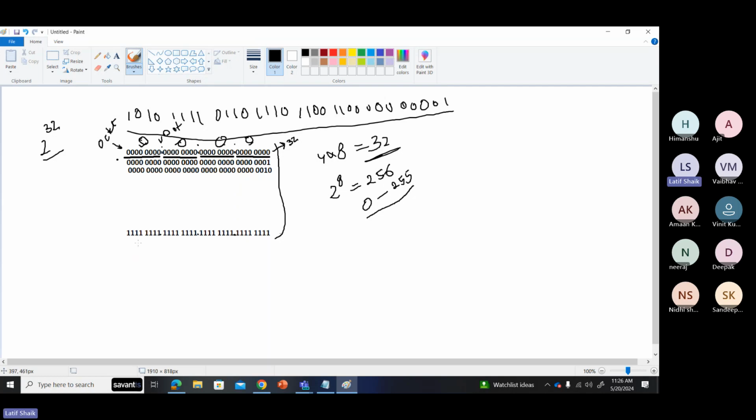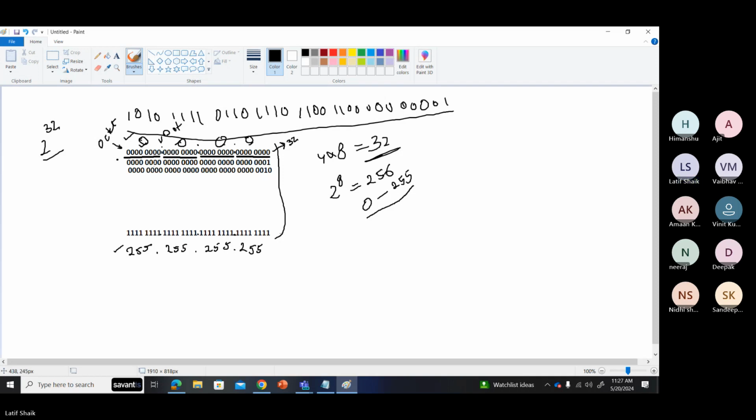And all 8 ones means 255 when you convert to decimal. So 255.255.255.255 is the last IPv4 address.